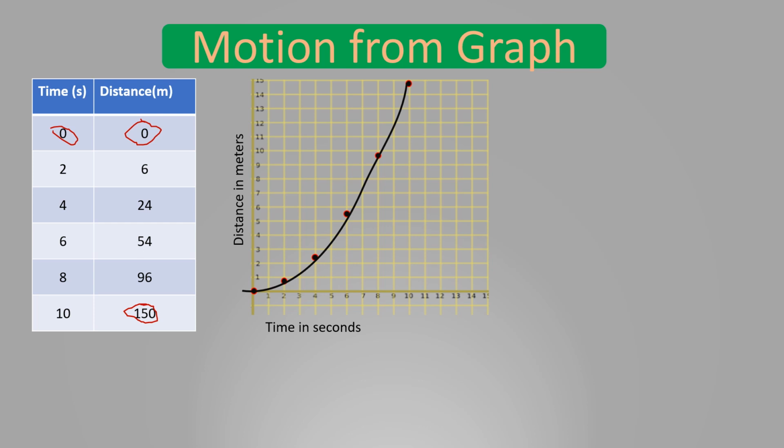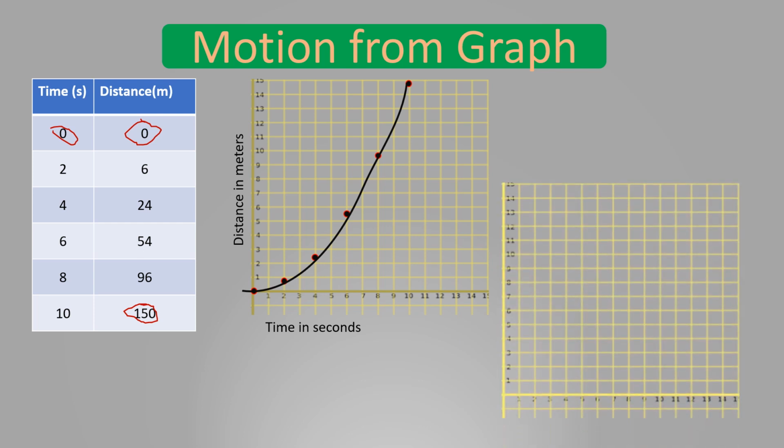Now from this graph we find the time versus velocity. We sketch another graph here, which is time versus velocity, and we have to find the average velocity. At the beginning, when time is 0 and distance is 0, there is no change in distance because there is no velocity, so it's the origin. Now in 2 seconds, the distance traveled by the car is 6.